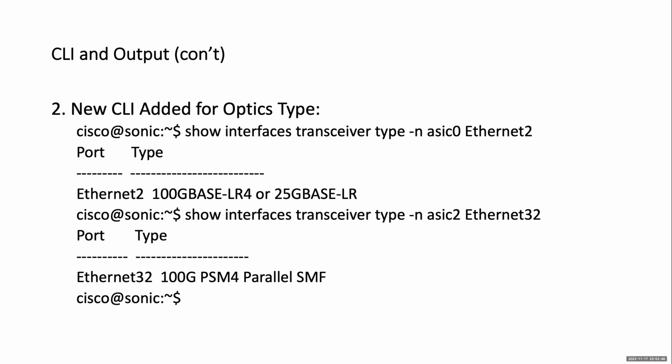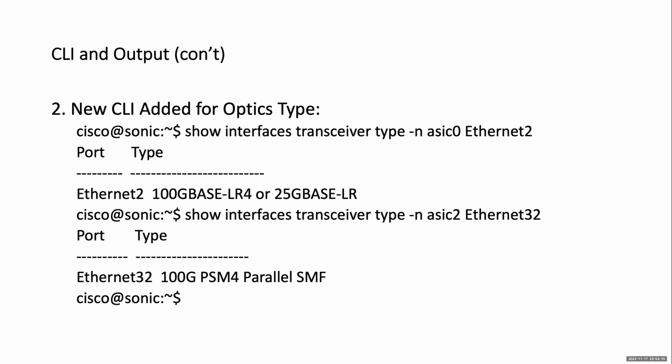This is the CLI show interface transceiver with the type option. From this CLI, we can see there are two fields in the output. The port is Ethernet2, and the type is 100G AR4. So it's very easy for the automation script to grab this information.